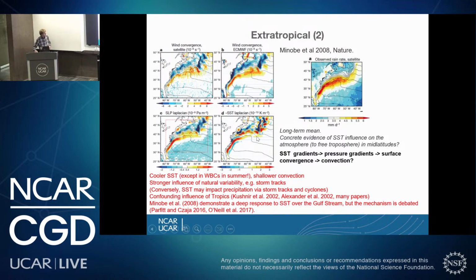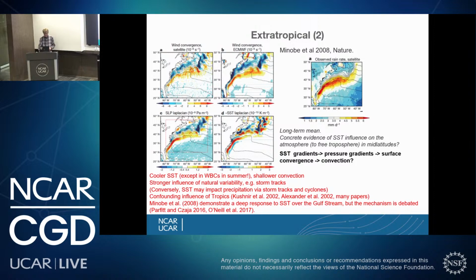If you look in detail, they're not exactly the same, but they're comparing this field with these fields here. And there's also a rain rate maximum over the Gulf Stream and the boundary current. I forgot to discuss in the previous slide, but this process is saying you go from SST gradients to pressure gradients to surface convergence and then to convection.